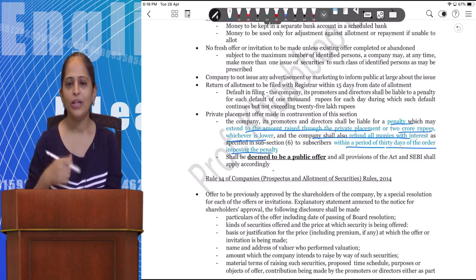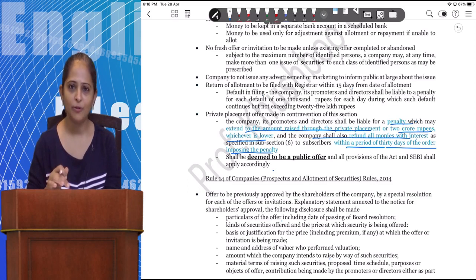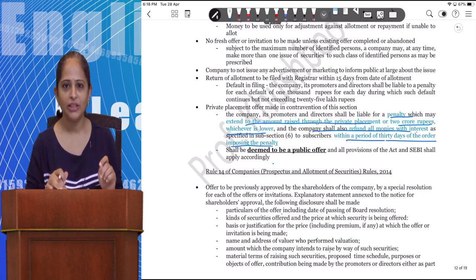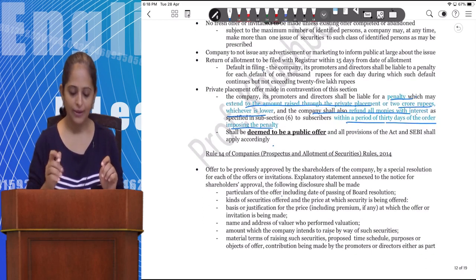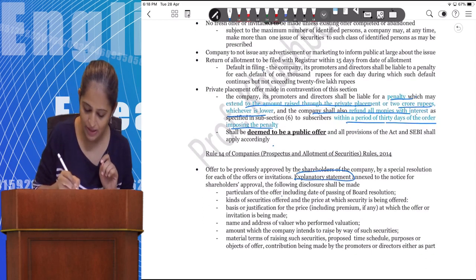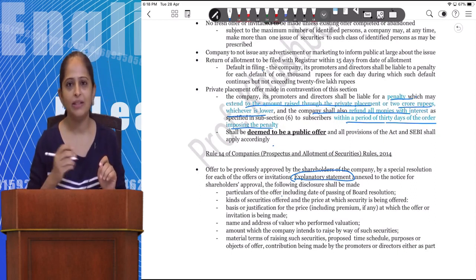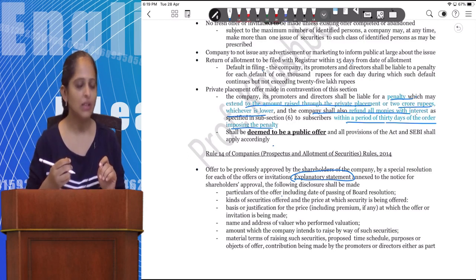Now when I am making an invitation to the selected set of individuals for raising money by way of private placement, the prospectus and allotment of securities rules tell us that we have to give an explanatory statement along with the offer. What will the explanatory statement say? It will basically give out the details as to why you are planning to raise the money.